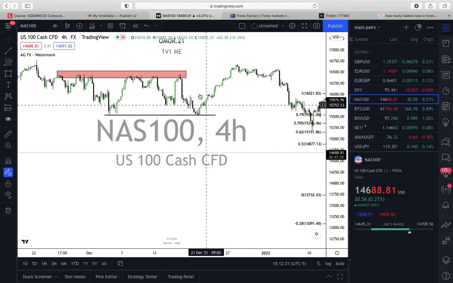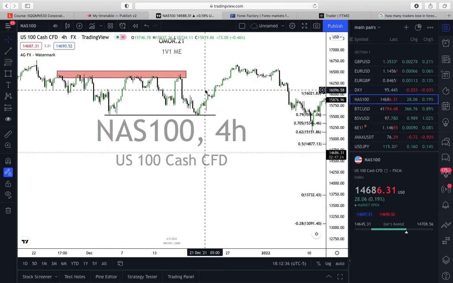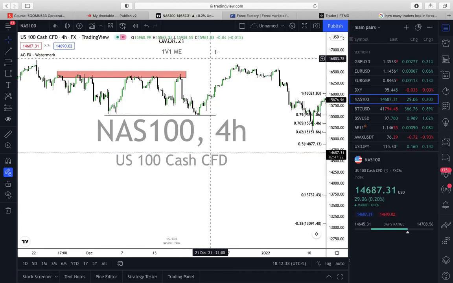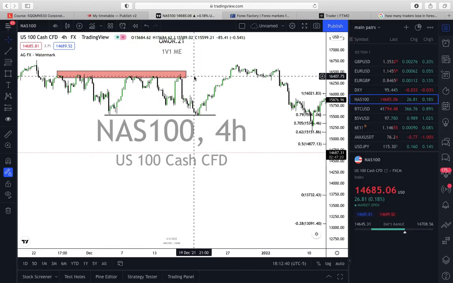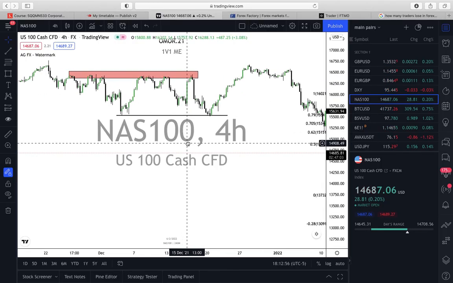Even if it's a tiny, minor violation of a high, it doesn't have to trade way over it. Remember, I've shown you examples where it just barely trades through it, but that's still a violation. It still triggers in those buyers and sellers and then delivers it to the opposing side.